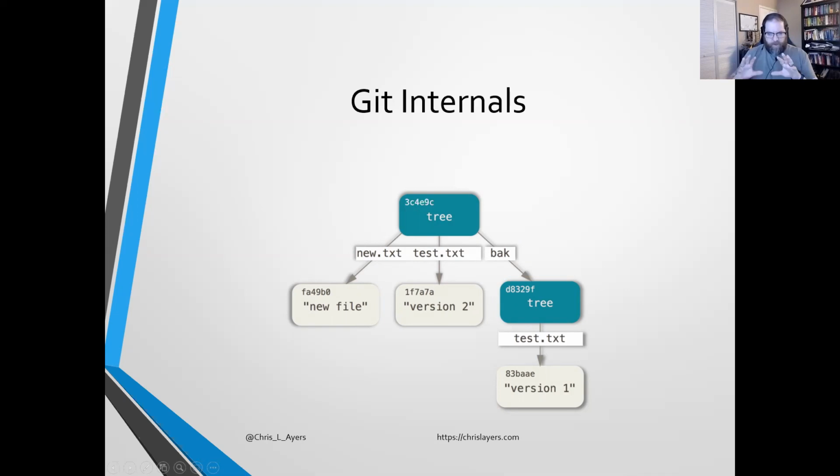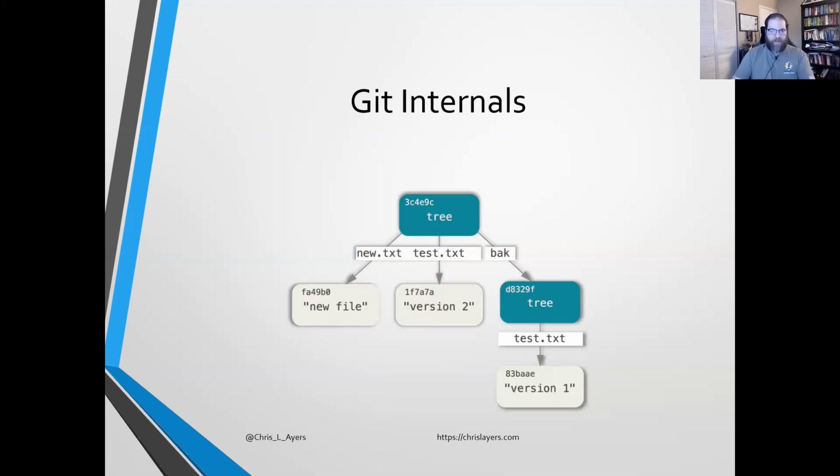I just want to show the trees have hashes, files have hashes, and those are pretty much the only two types of objects that you're really going to see in the Git tree. There are, of course, commits, but as far as the contents, things are hashed.